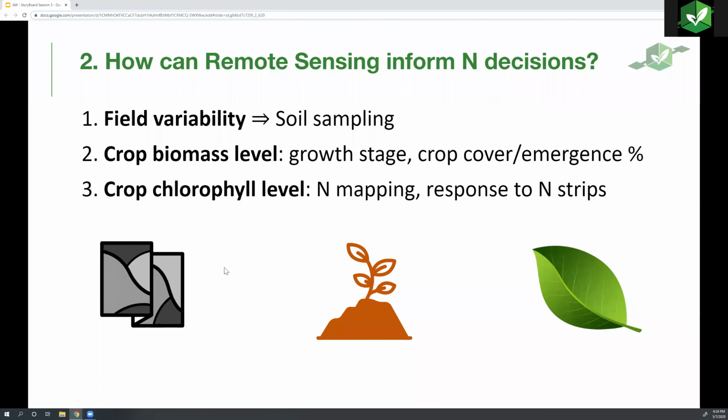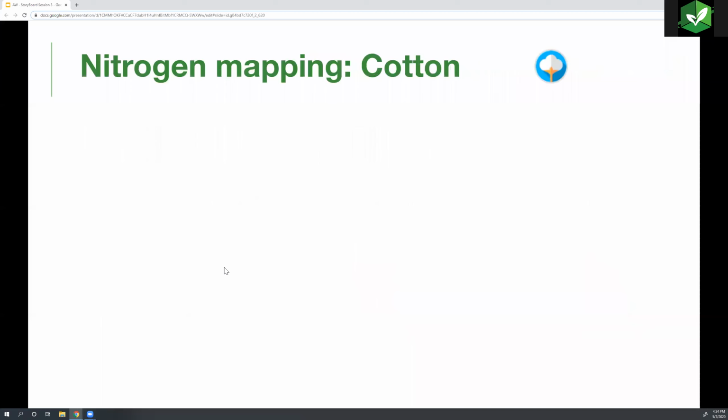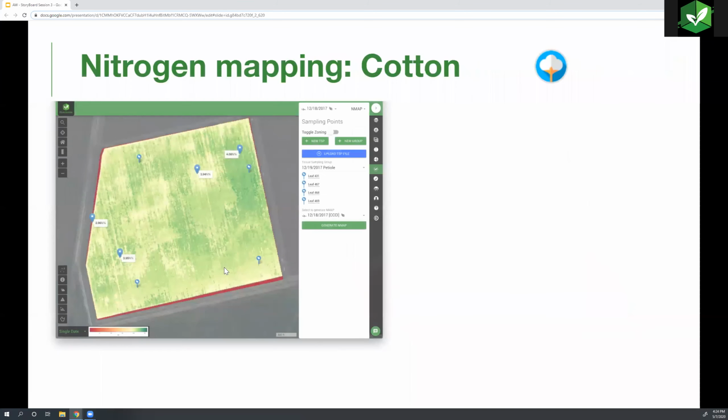And then they try to map a nitrogen map. Here is an example. This is a cotton field. As you can see, based on the variability, there were suggested areas that the agronomist took to the lab and came back with values.